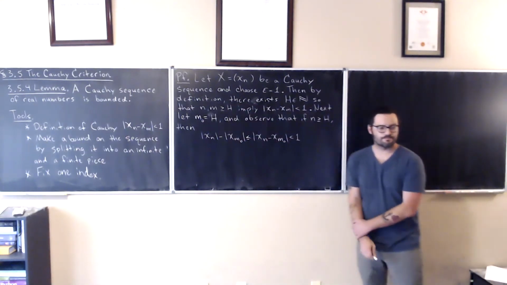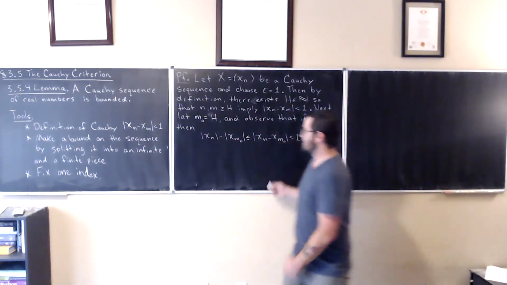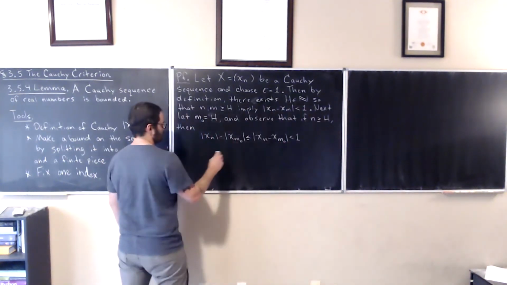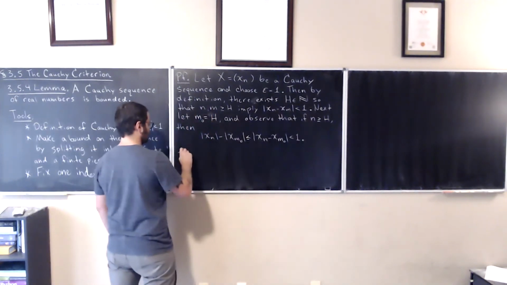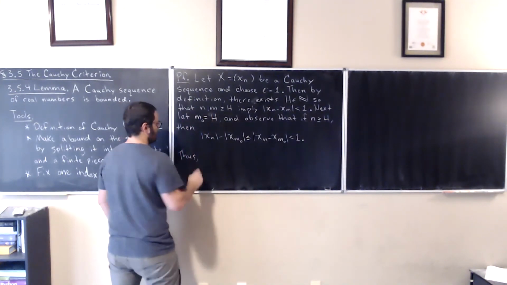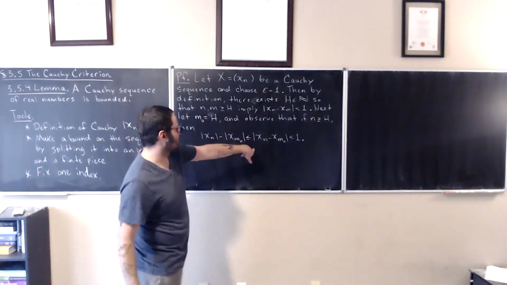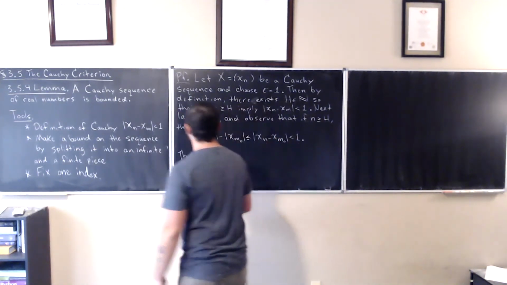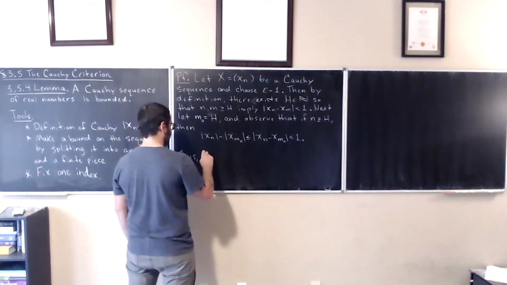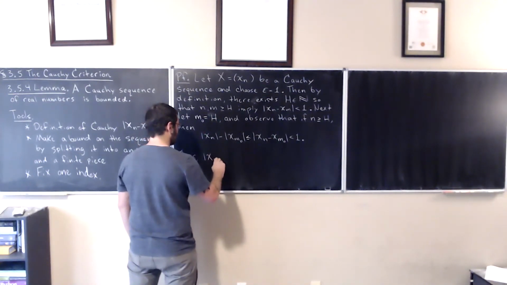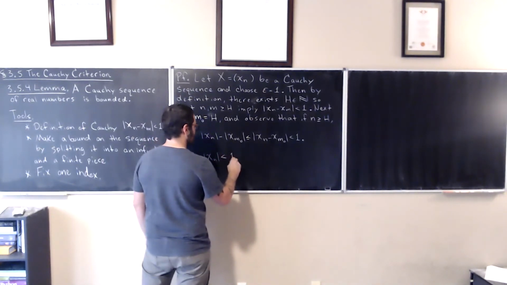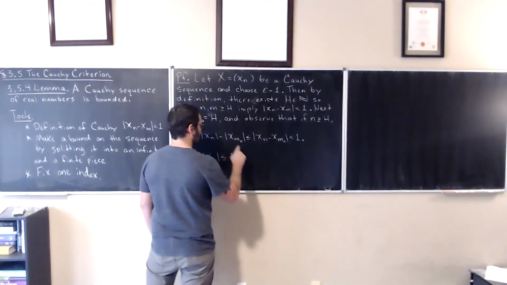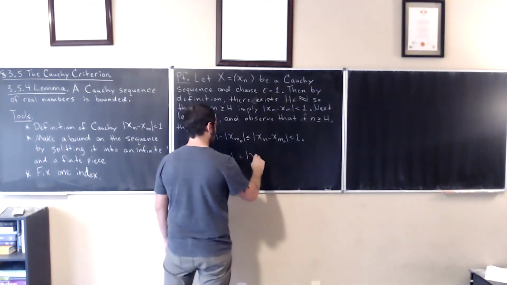But this implies, thus, if we add x of m naught on both sides, we get that the absolute value of x_n is at most 1 plus the absolute value of x of m naught.